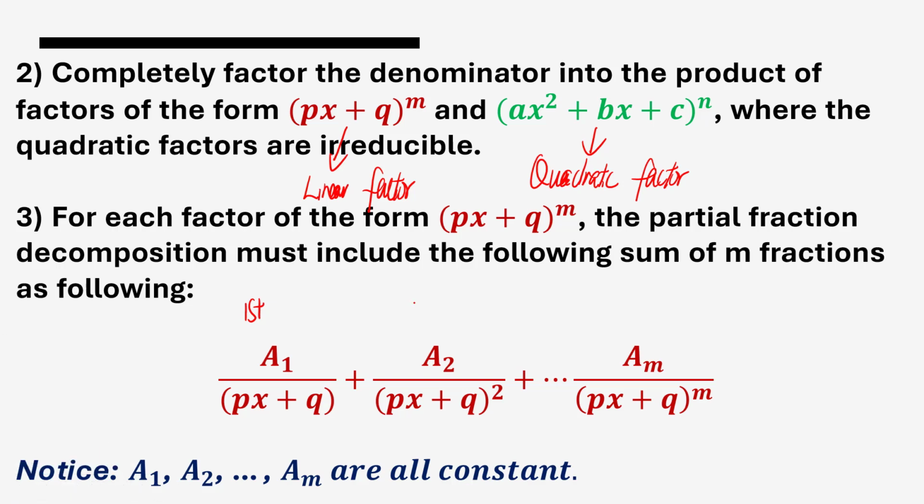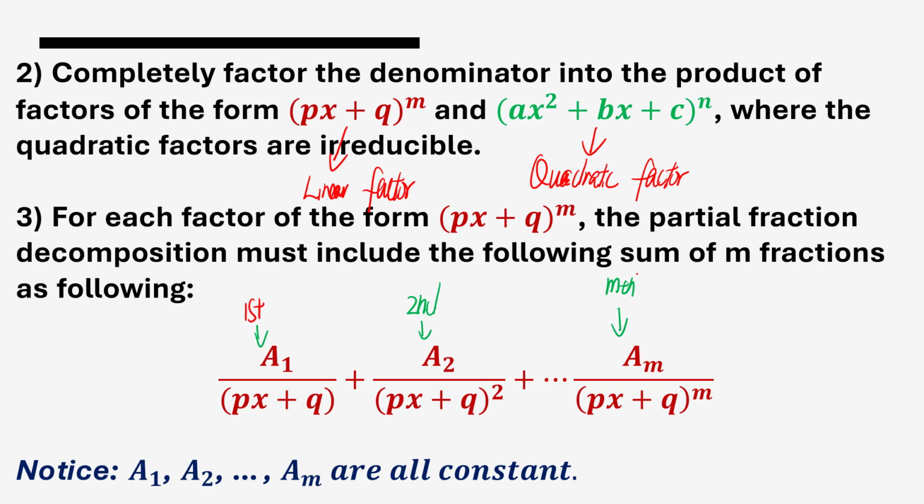And the second term is a2 over px plus q to the second power, and then the last term, the n-th term, is an over px plus q to the n power.